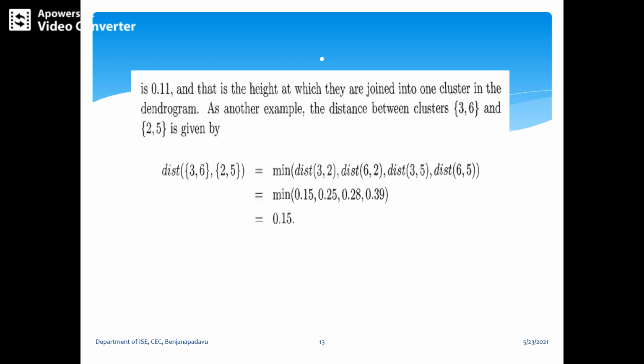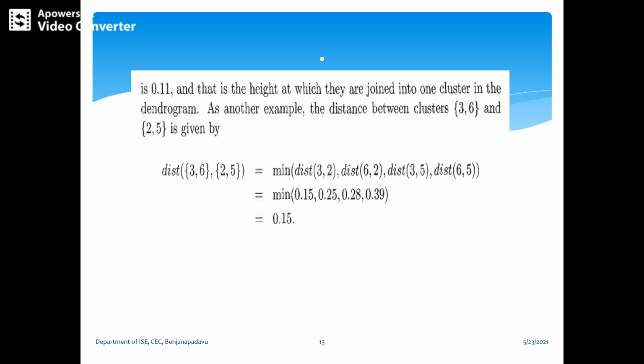We have to take the minimum of these, so we write all the answers.